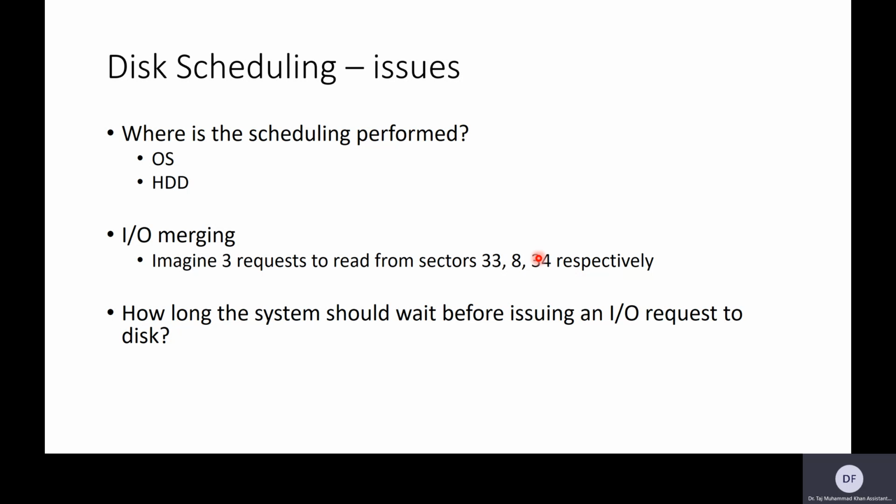So the question is how long the operating system should wait before sending the request to the disk. Should it wait for a fixed amount of time, like 10 milliseconds or 20 milliseconds, or should it wait for a fixed number of IO requests to accumulate, like a dozen requests or 20 requests, before it forwards the list of requests to the hard disk?